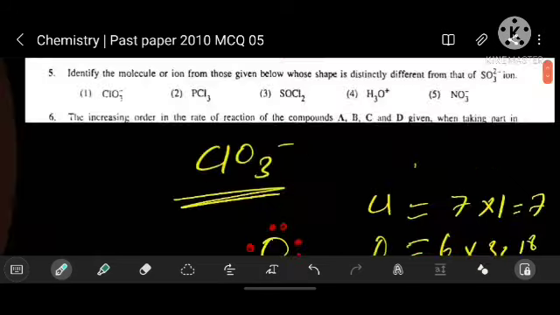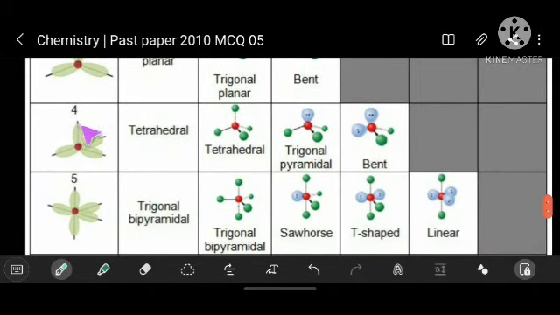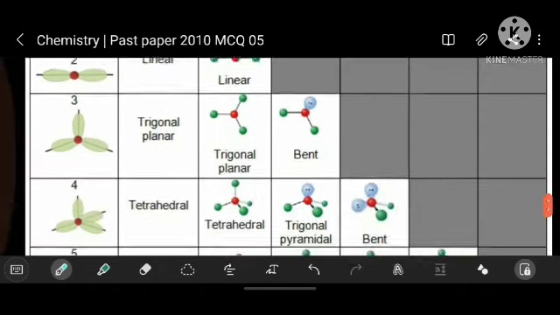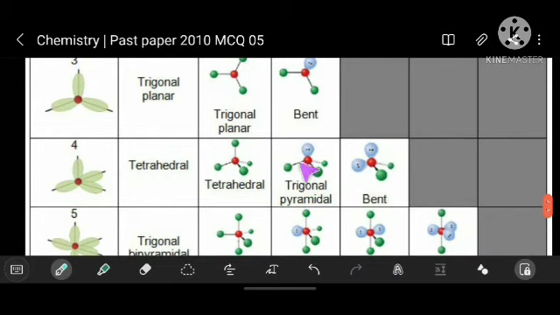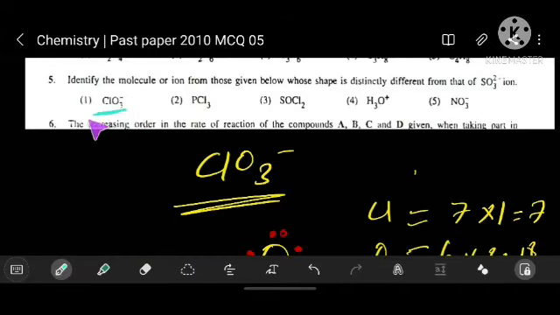Let's check the chart. We have 4 total repulsive units and 1 lone pair, so that means we have the same trigonal bipyramidal shape. It's similar to that of SO3 2-. ClO3 minus is similar to the SO3 2- ion. The shapes are similar.